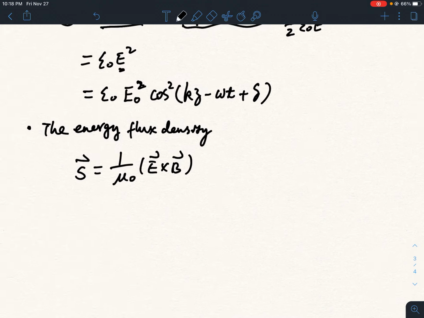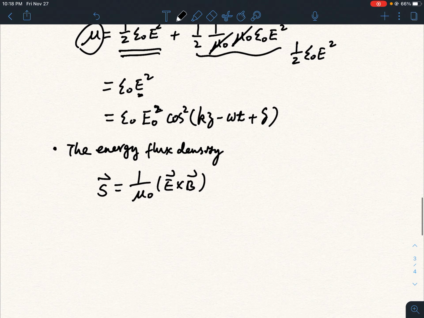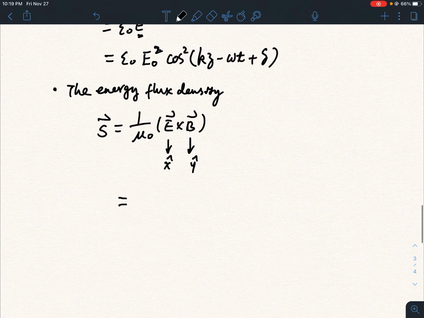Let us consider the case where E is in the x direction, B is in the y direction, and the energy flux density is pointing along the z direction.